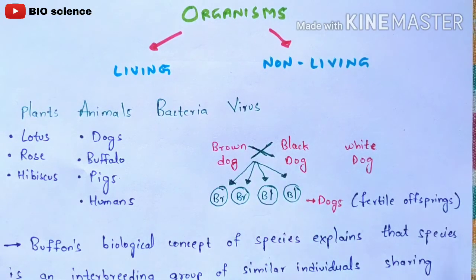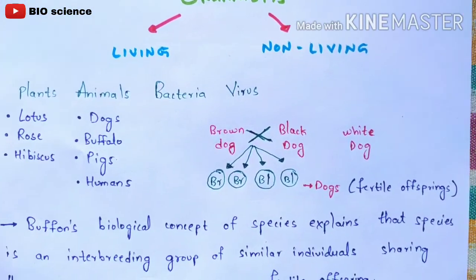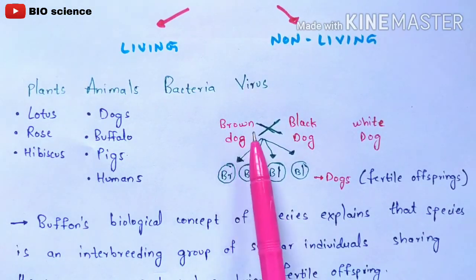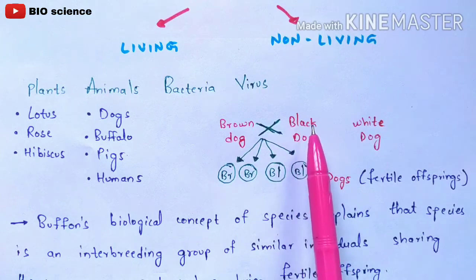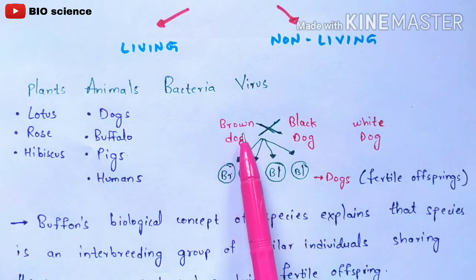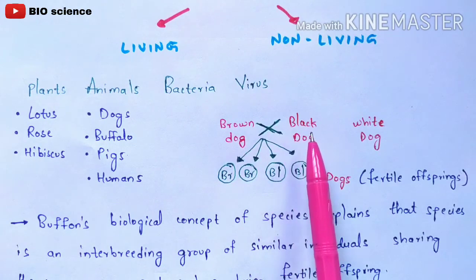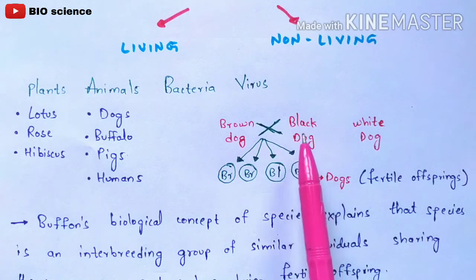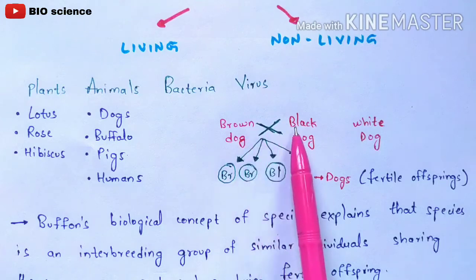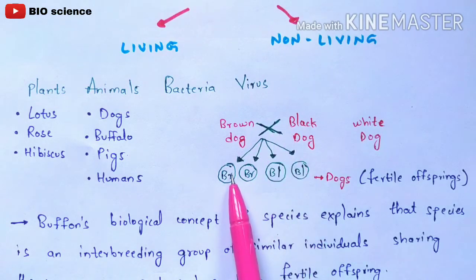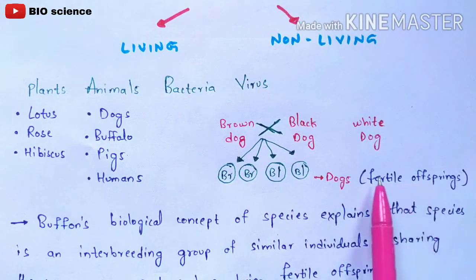So what I have mentioned in the definition, they are capable of exchanging genes, right? If you see here, this has a particular gene and this also has a particular gene. As we know, this is a brown dog and this is a black dog, which consists of the brown gene in this dog and the black gene in this dog. Once mating has been done between both of these dogs, it leads to individuals, and these individuals are nothing but fertile offsprings.